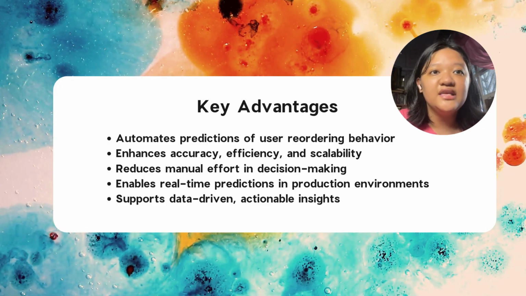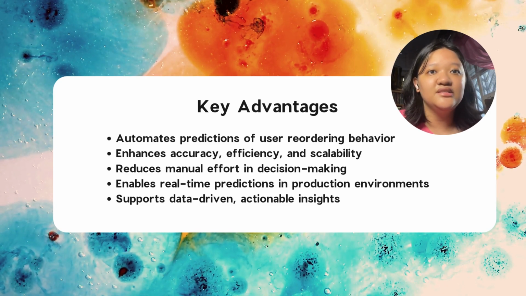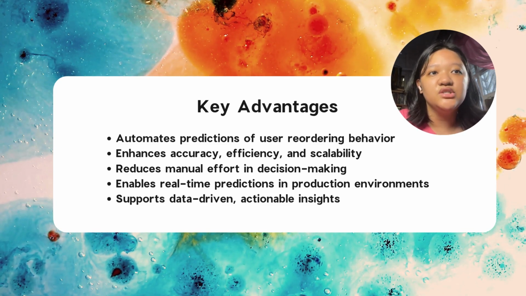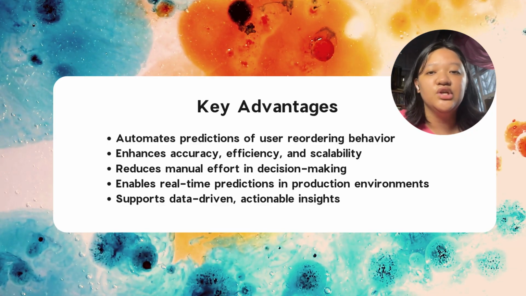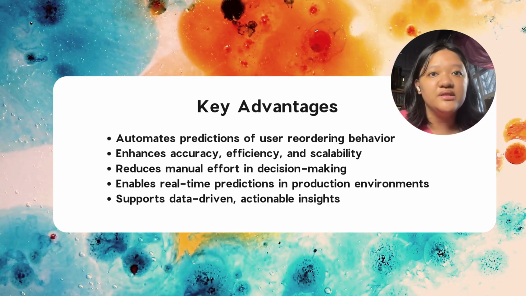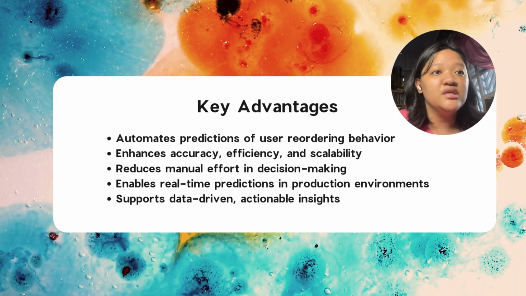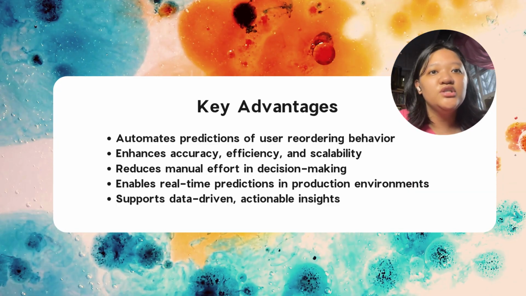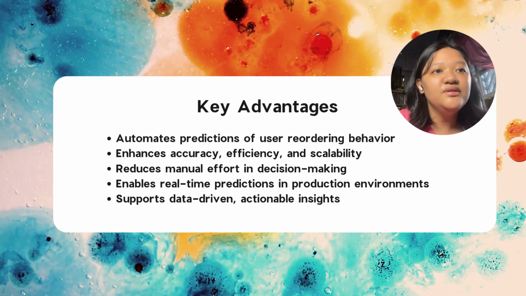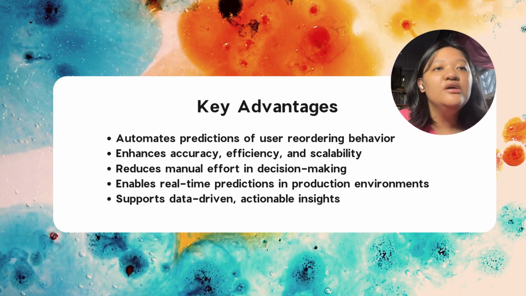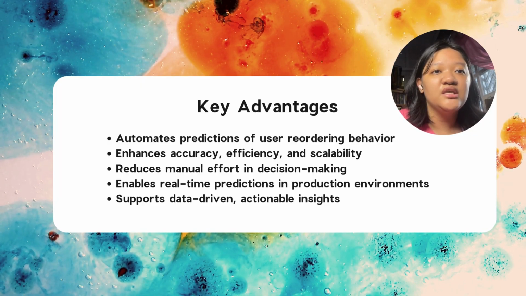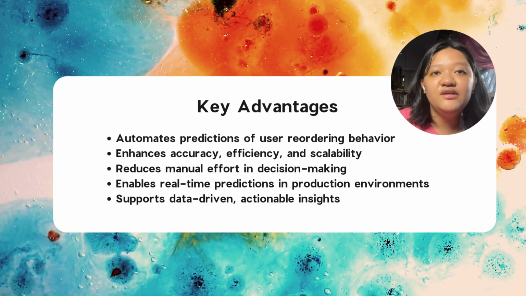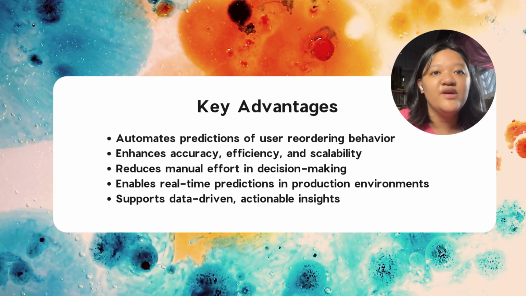Deploying the model as an API makes it easily accessible, enabling real time predictions that support data driven decisions in production environments. Whether you're optimizing stock levels, improving product recommendations, or streamlining operations, this machine learning solution empowers supermarkets to address complex challenges and deliver actionable insights that drive better outcomes.